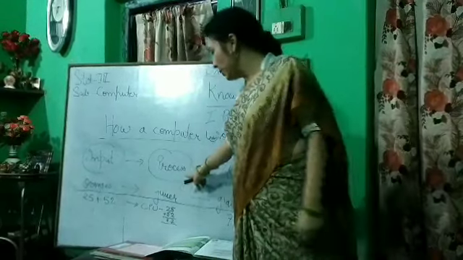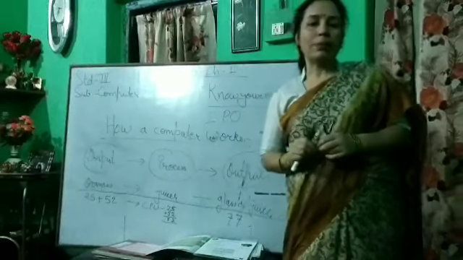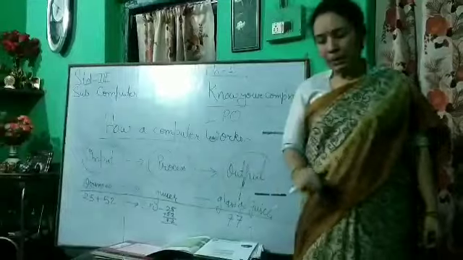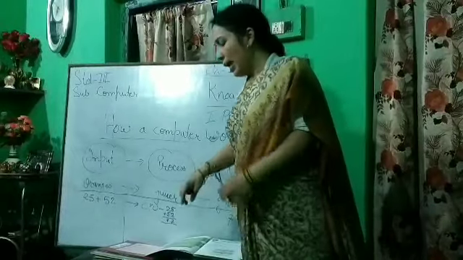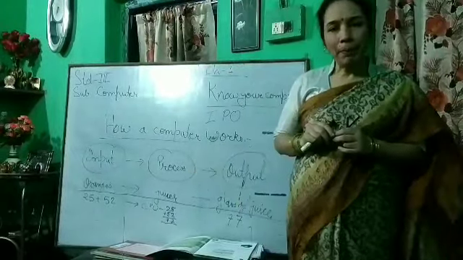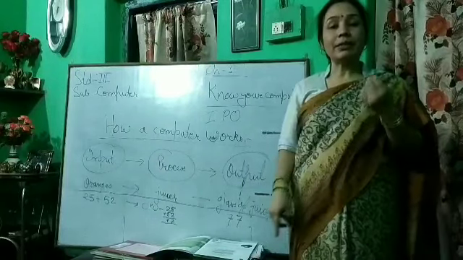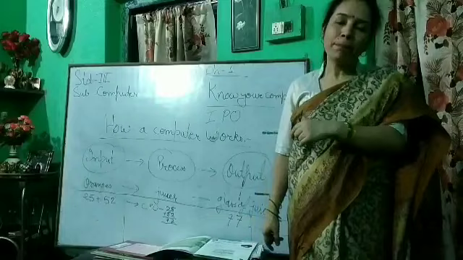Now in the process phase, the sharpener will sharpen it. Here the sharpener is the processor. And finally, in the output phase, you will get a nicely pointed pencil.